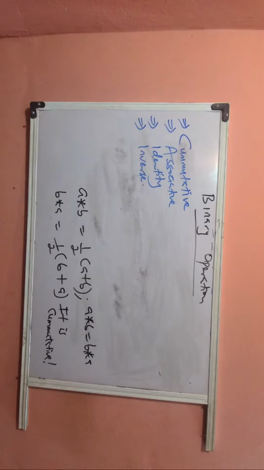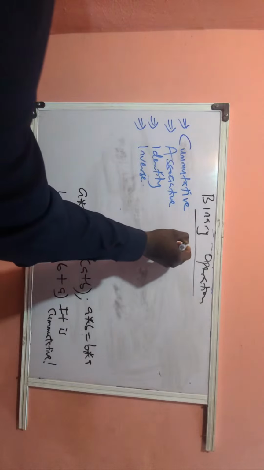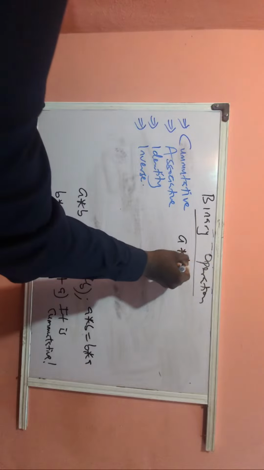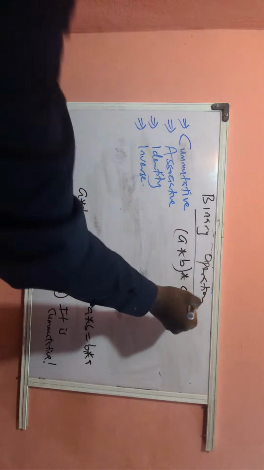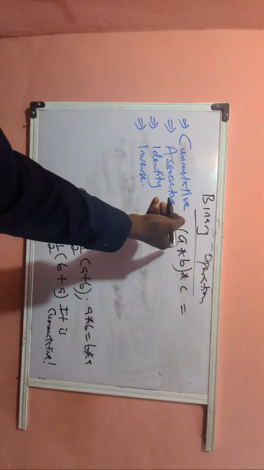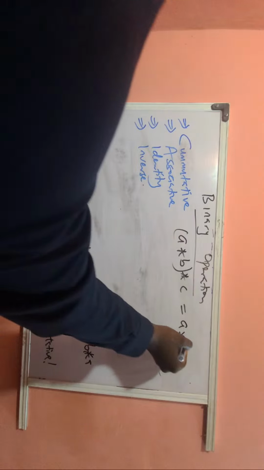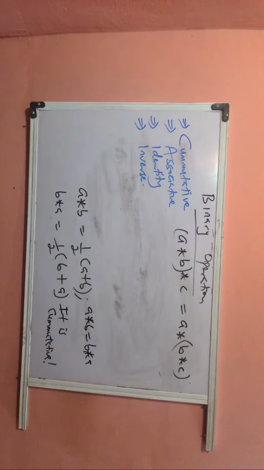Now, for the associative property, what you have to deal with is a bit different from this. (A star B) star C must be equal to, for the associative property, A star (B star C). Now, look at what I have right here.